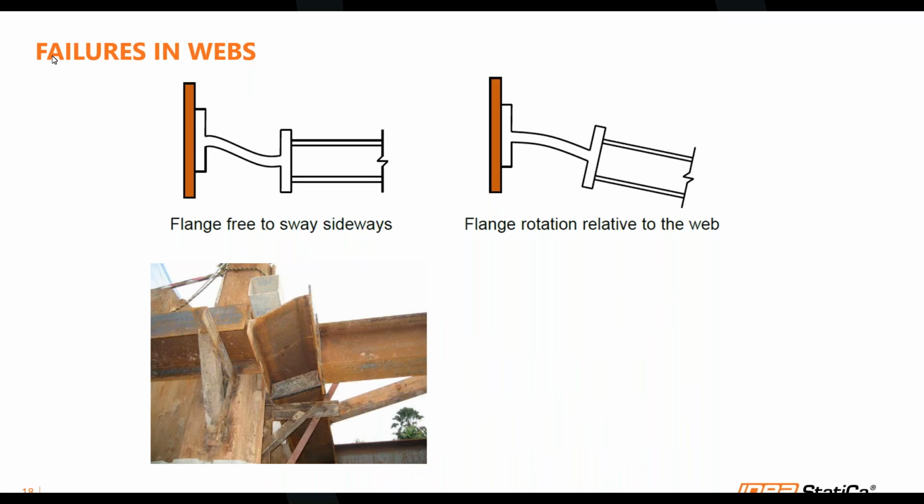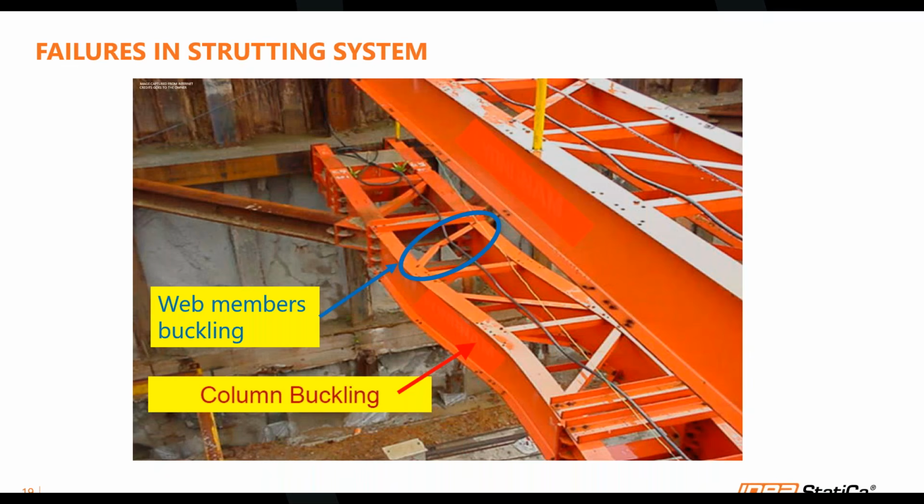Another thing is, if the strutting fails, what you can see in this photo right here is that the column buckles, and the web members of this laced strutting system are also buckling.